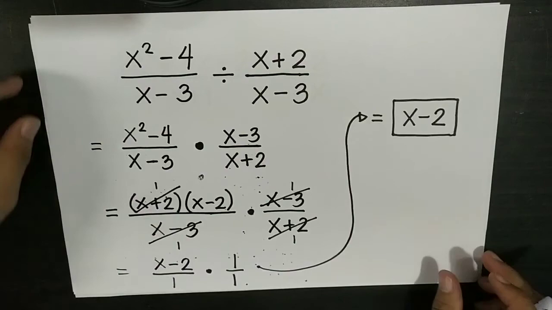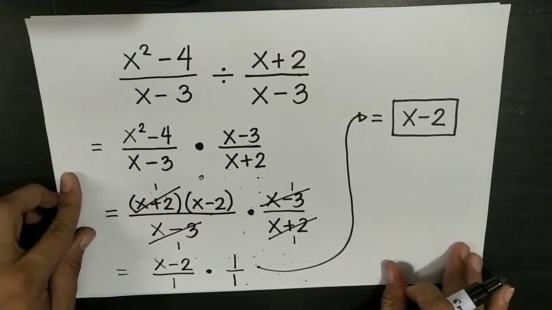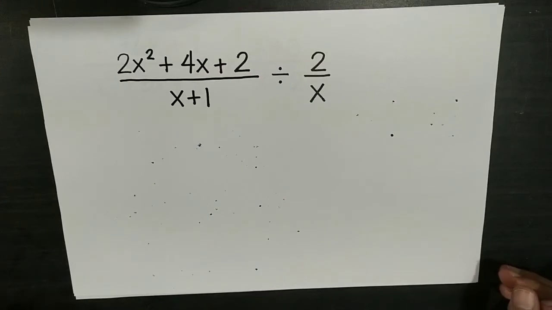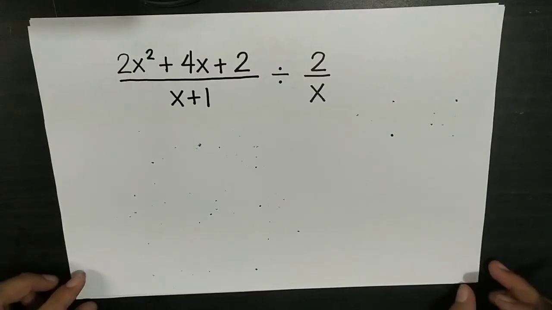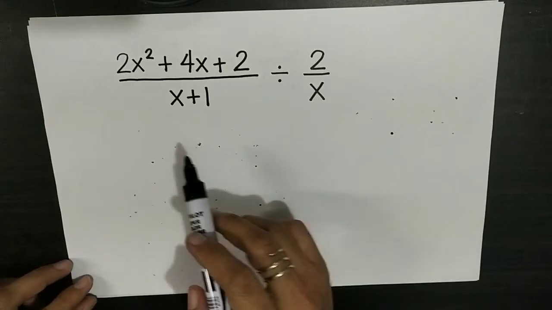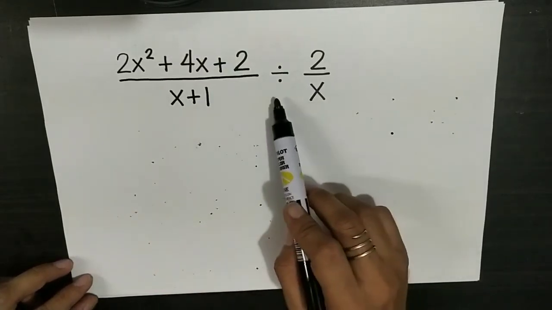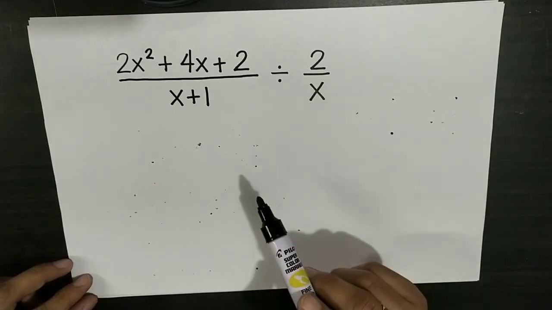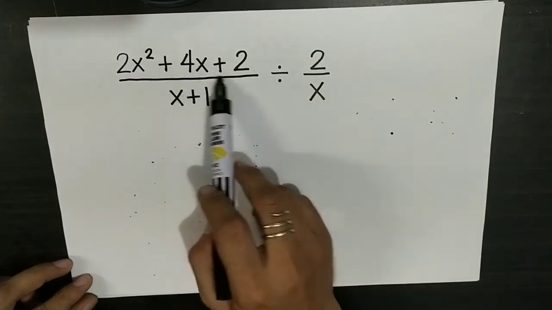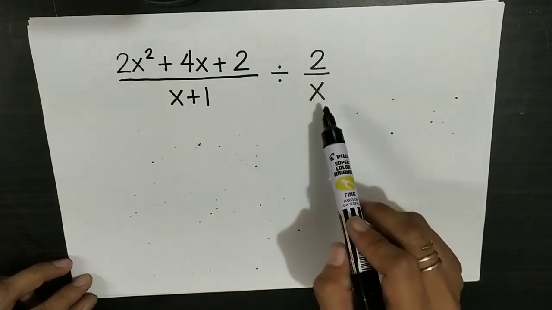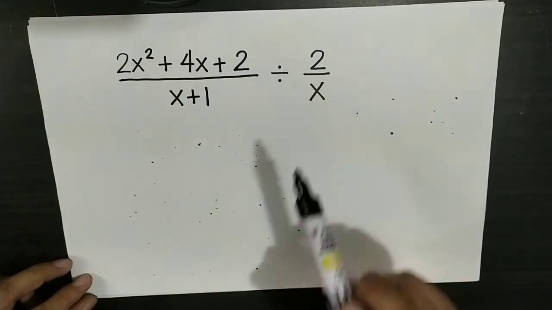Okay, so let's proceed to another example so that you can learn about this dividing rational algebraic expressions. Okay, so we have 2x squared plus 4x plus 2 all over x plus 1 divided by 2 over x. This can be factored, this cannot be factored anymore, this cannot be factored also, and as well as this expression.